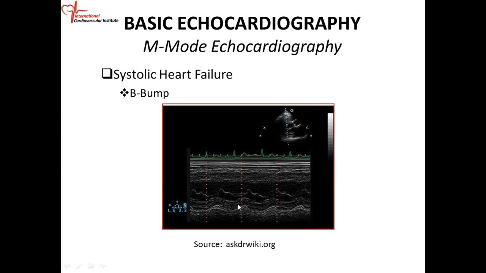So the same structures, and all you have to do is just look at the structures in the M mode. One of the things you're going to measure is your E-point septal separation. If it's more than 1 centimeter, you have reduced ejection fraction.